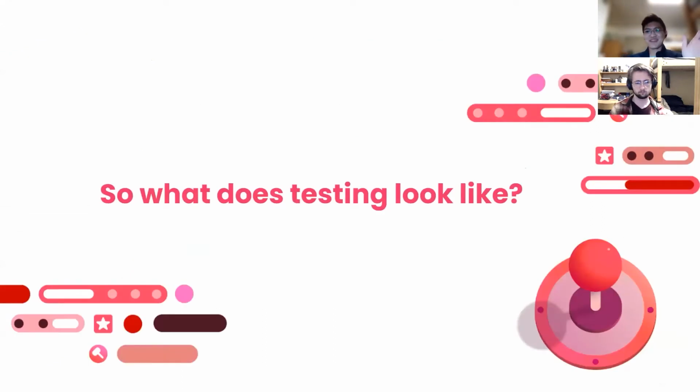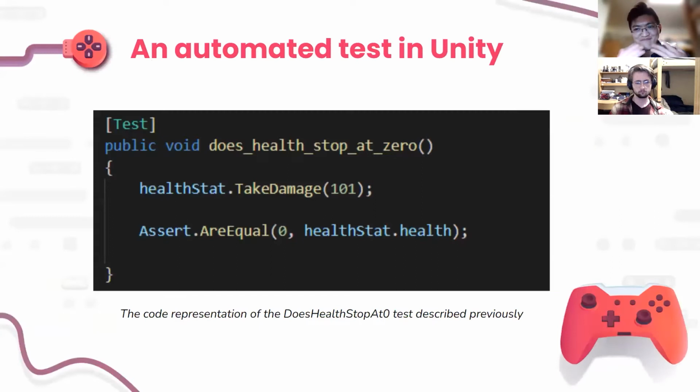So finally, going into what it looks like. So far you've seen on a conceptual, high level, what testing is supposed to be. Now we're going to look at how we're going to do that in Unity, what it looks like, how we're going to get these tests to run. And there you go. It's very, very simple.